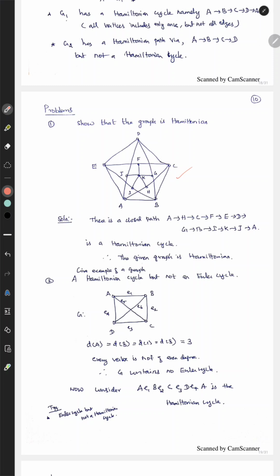Now is it Hamiltonian? Check this particular path. You try different paths, and you will reach a similar cycle which contains all the vertices exactly once other than the initial and final vertex.